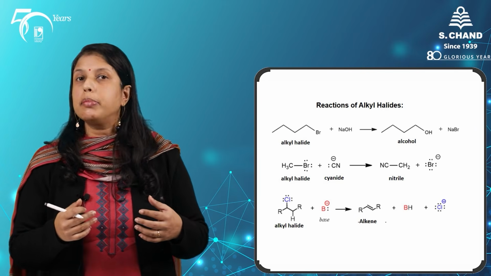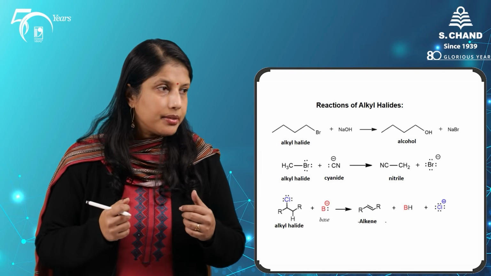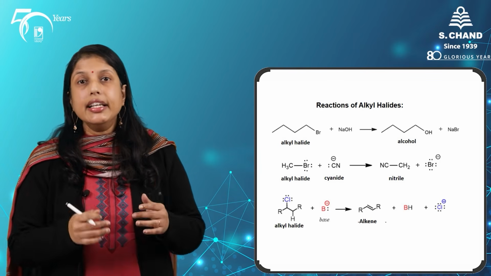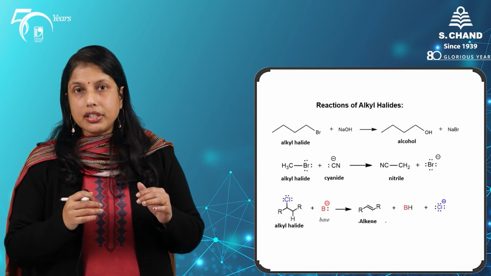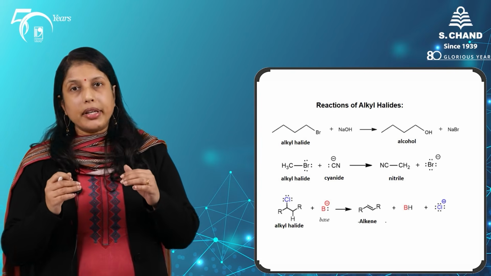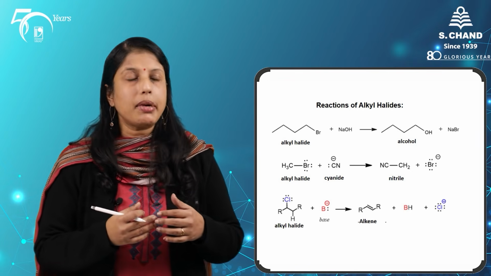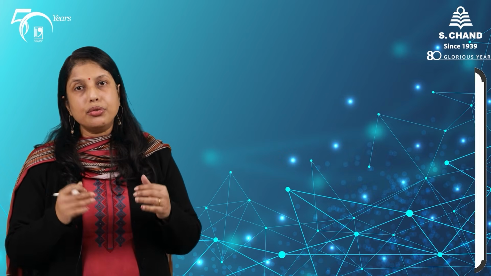This also takes place via the nucleophilic substitution mechanism. Finally, dehydrohalogenation of the alkyl halide leads to the formation of an alkene. A strong base like potassium hydroxide is often used to carry out this reaction.